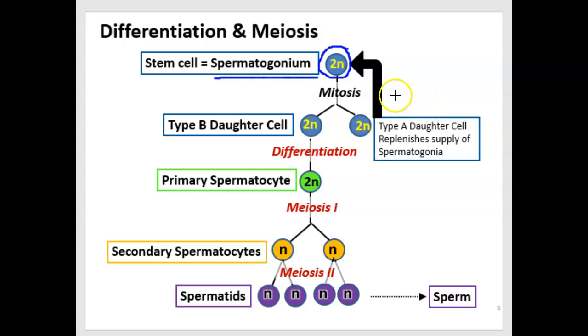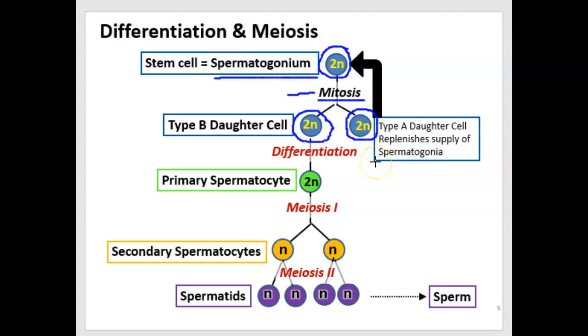But in the testes, the stem cell divides by the process of mitosis, and the two daughter cells are of different types. They're both diploid because we just did mitosis. So they should be identical to the parent spermatogonium genetically.